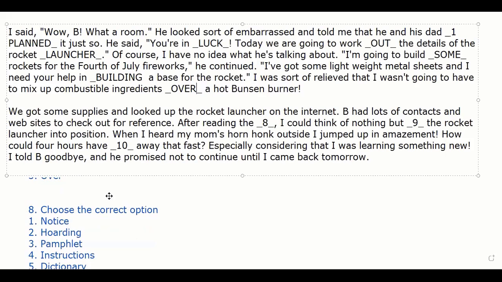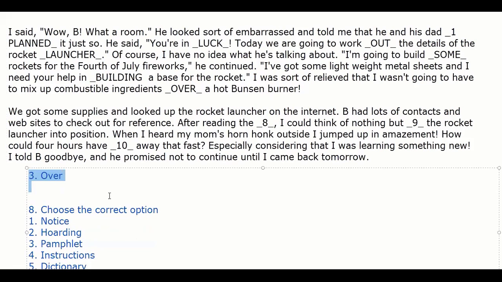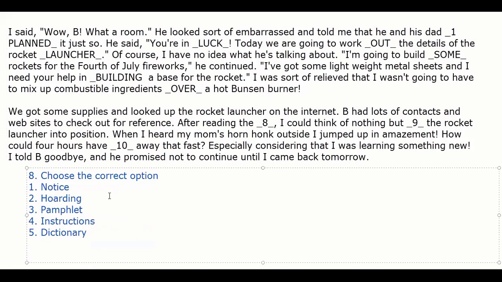Read the eighth one. We got some supplies and looked up the rocket launcher on the internet. Dash had lots of contacts and website to check out for reference. Notice had, hoarding had, template had, instruction had, dictionary had. Easy one.